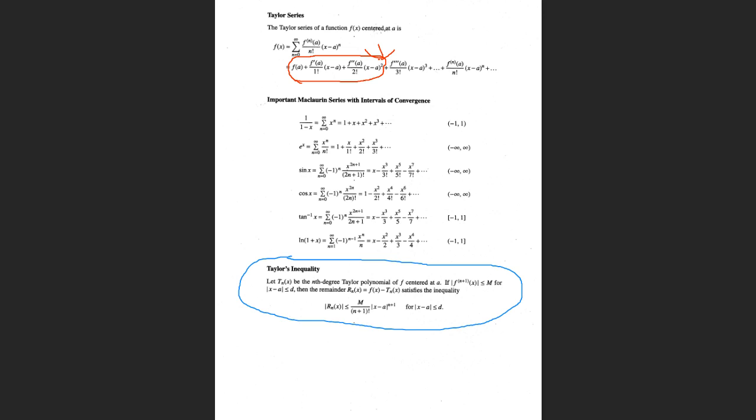That's Taylor's inequality. You are trying to determine a bound on the error. The error is the difference between the function and your Taylor polynomial approximation. The bound on that error is M divided by (n plus 1) factorial times the absolute value of x minus a to the n plus first power.